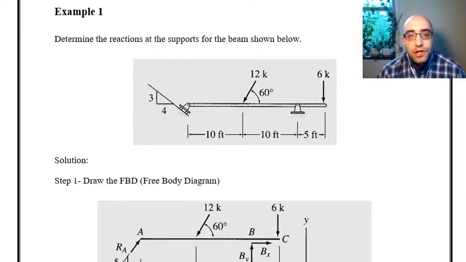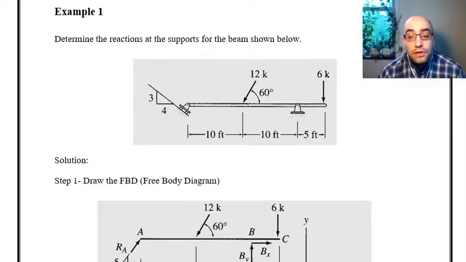During the last two sessions, we talked about the definitions in structural analysis. We talked about equations of equilibrium, and we also talked about how to understand whether the structure is stable or unstable.